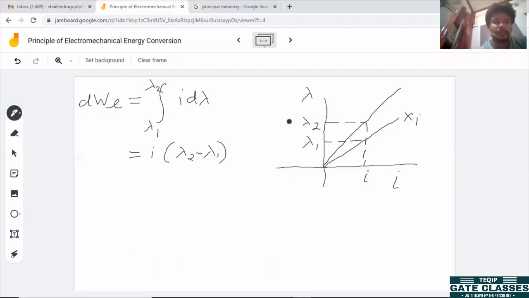Now if we go on and calculate the change in field energy, let us give the points O, P, Q, R, S, T. What is the initial field energy? It is the left section of this I lambda curve.